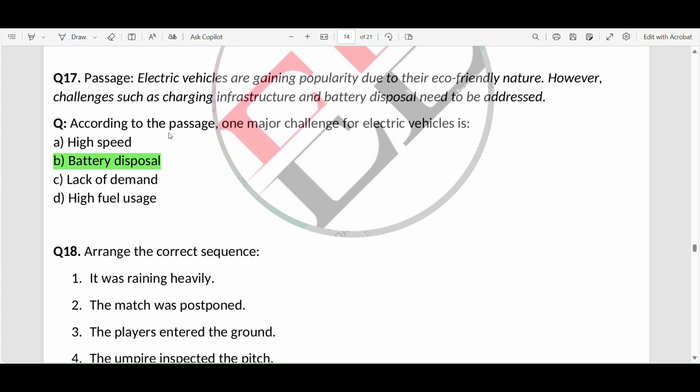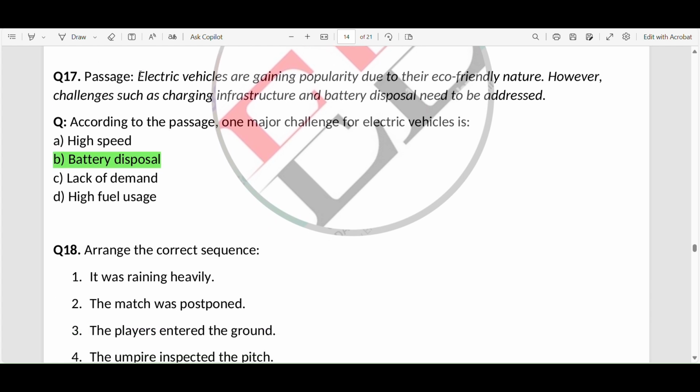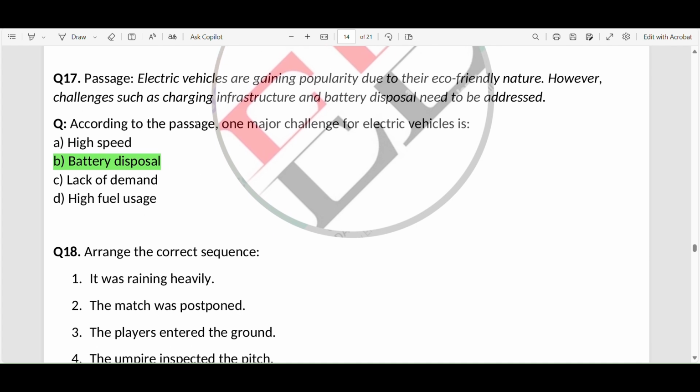And when you go to the next one, here again we are given a passage and we are asked a question. So yes, let's read the passage now. Electric vehicles are gaining popularity due to their eco-friendly nature, right? Yes, electric vehicles are gaining popularity because nowadays in metropolitan cities like New Delhi, Mumbai, Hyderabad, they are mostly using electric vehicles due to pollution, right?